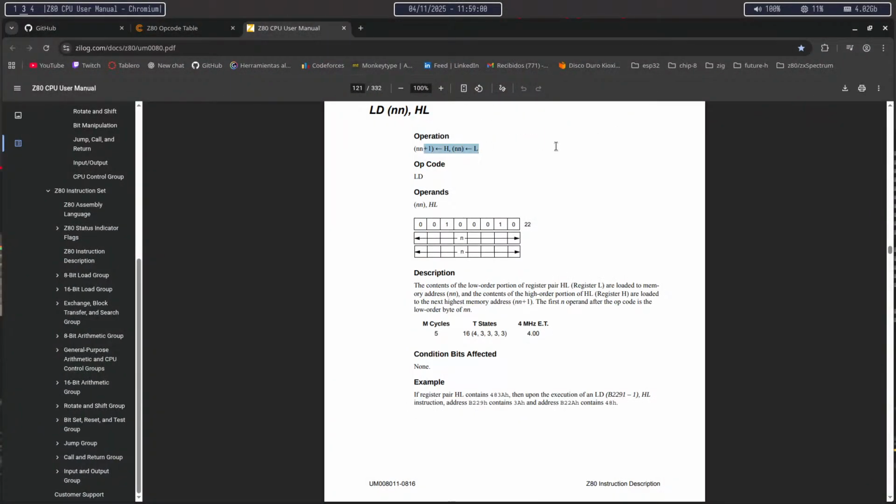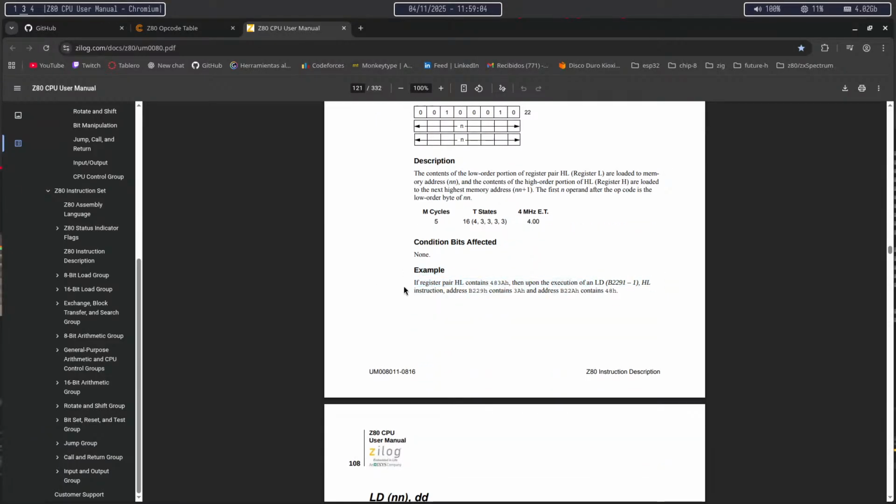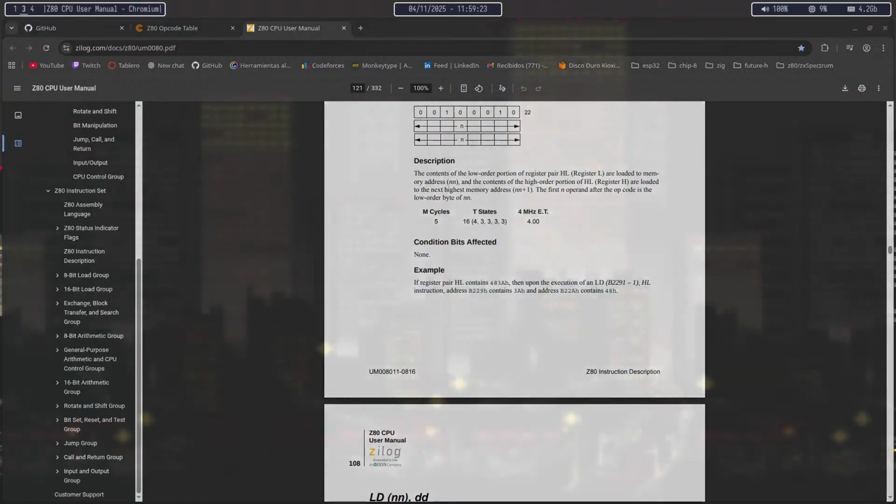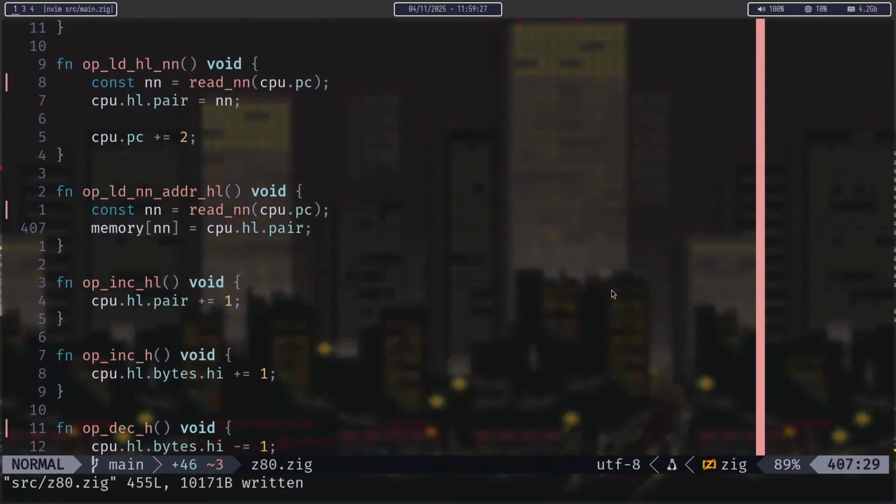So this one. Then upon the execution, address contains the lower portion, and then the next one contains the higher portion. Alright, that makes a little more sense.